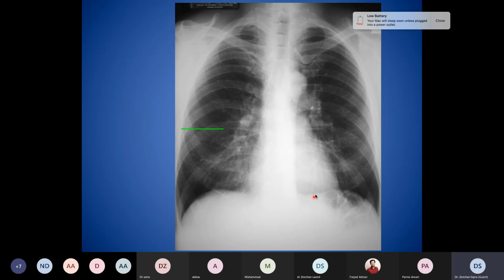So the lung is producing a silhouette at the diaphragm with the abdominal organs as well. When this silhouette is lost, it could be a retrocardiac left lung pathology, a consolidation behind the heart. So this is regarding the silhouette of the heart.